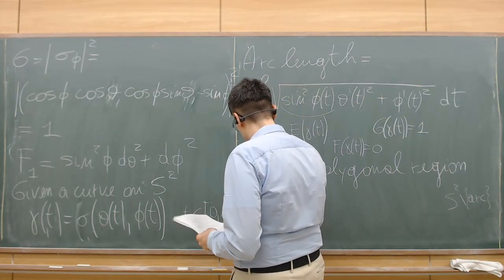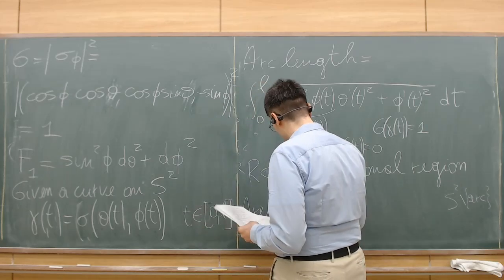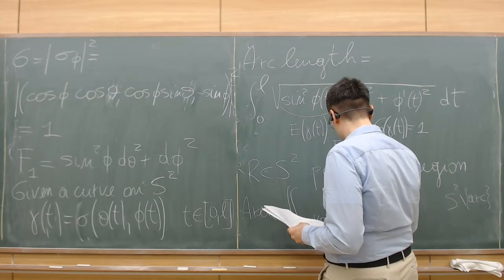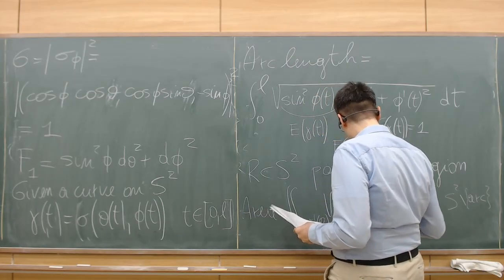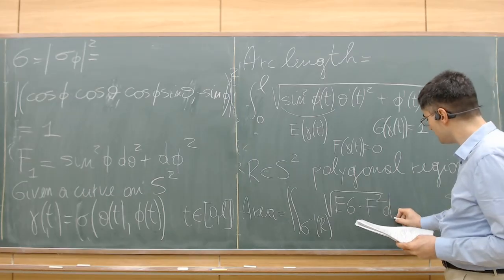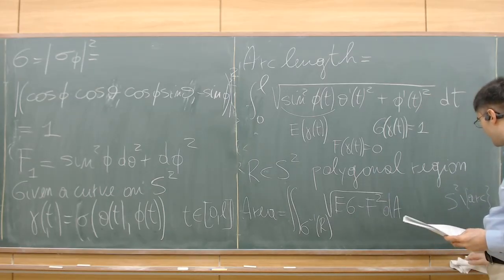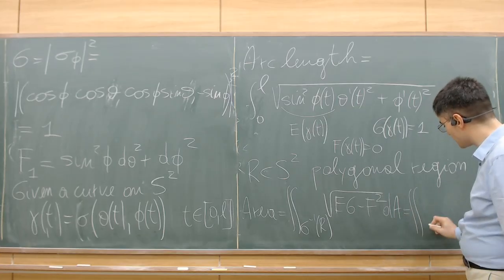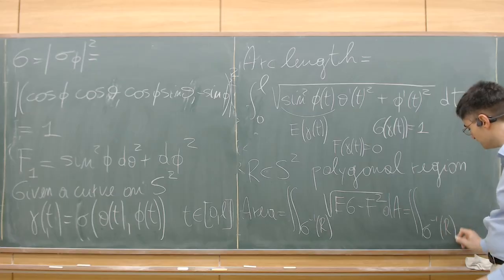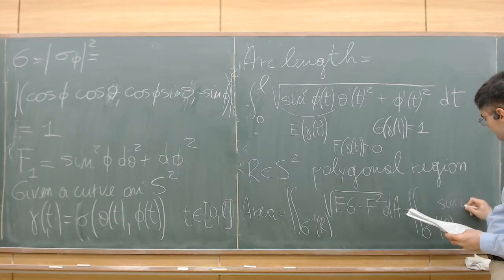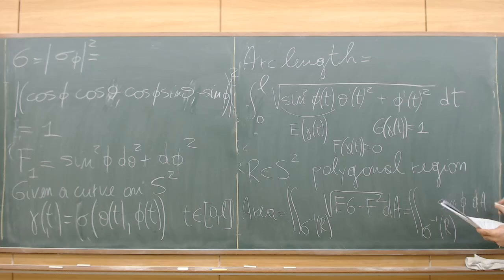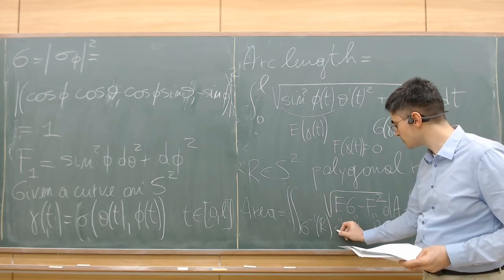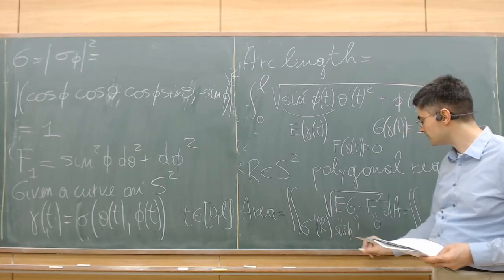So the area will be given by the integral over sigma inverse of R of the square root of EG minus F squared dA, which in this case reduces to the integral over sigma inverse of R of sine of phi dA, because F is 0, G is 1, and E is sine squared of phi.